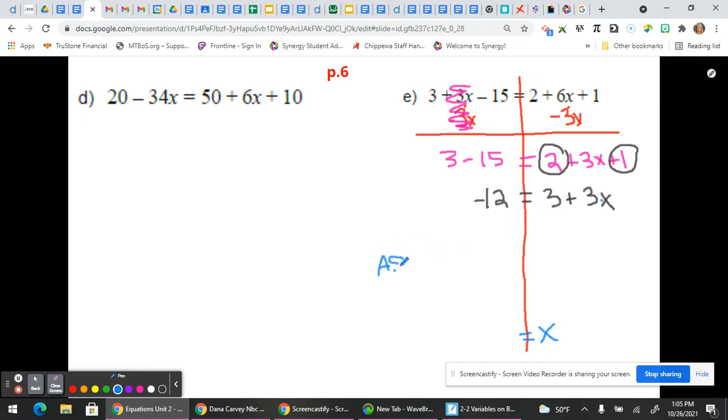To undo this, I'm going to subtract 3 on the right, come over here, subtract 3 on the left. I'm going to draw my second balance beam. So there's my teeter-totter. My 3's now cancel. So I'm left with 3x over here on the right, which is equal to negative 12 minus 3, which is negative 15. Oh, we're really getting somewhere.